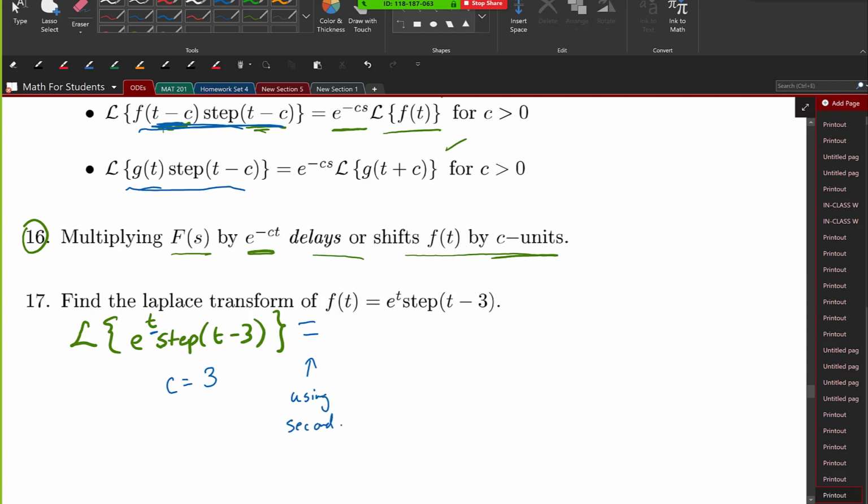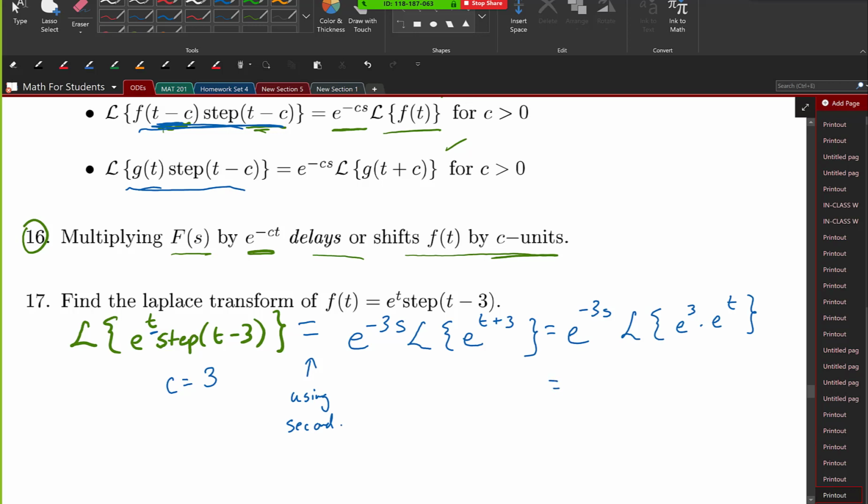And so what do we end up with? We end up with e to the minus 3s times the Laplace transform of e to the t plus 3. There's a few different ways to think about this one, but to be honest, I'm just going to think about it this way. I'm going to rewrite this as the Laplace transform of the constant e to the 3 times e to the t.